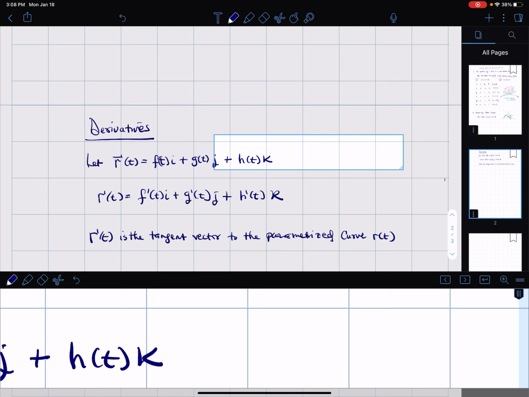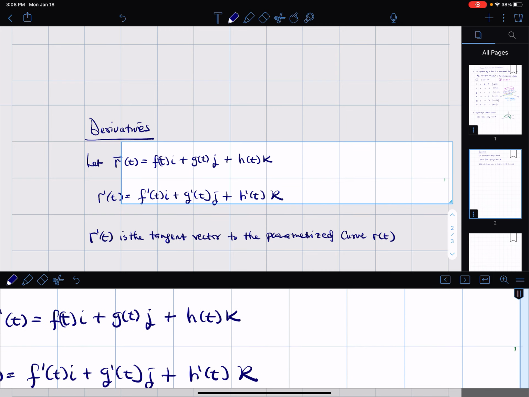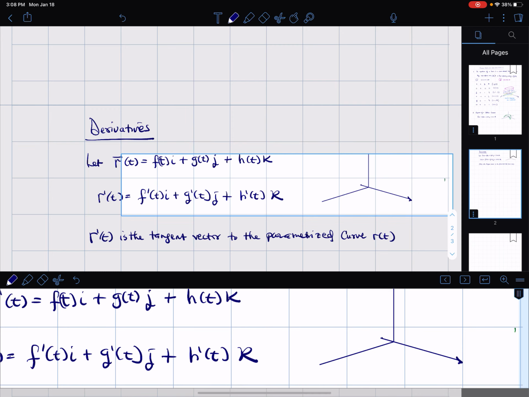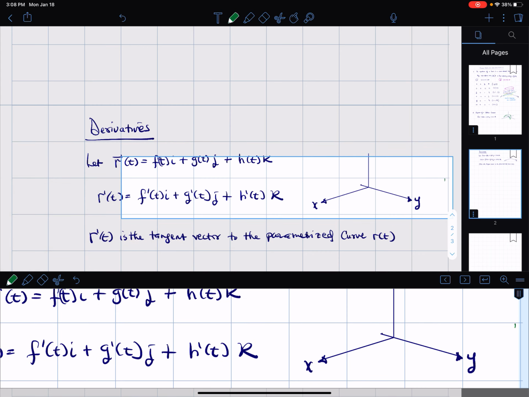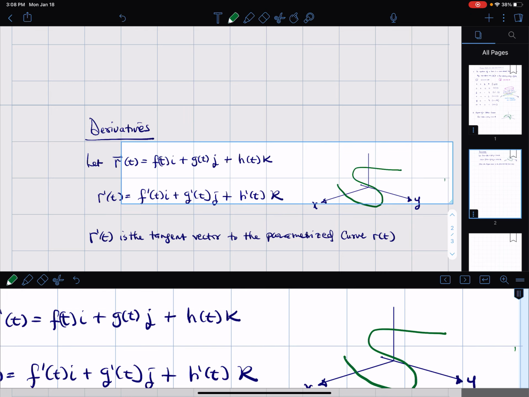Assuming we have our z-axis, y-axis, and x-axis, this is actually y, and this is x. And then we have a parametric curve like this, and we are concerned with a point. Say this point is t equals a.